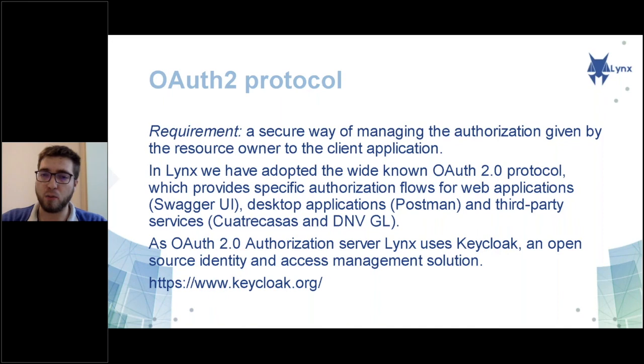In Lynx, we have adopted the well-known OAuth protocol, which provides specific authorization flows for web applications, desktop applications, and third-party services. In brackets, you can find some examples of this kind of clients that we have addressed in the Lynx project. As an OAuth authorization server, Lynx uses Keycloak, an open source identity and access management solution.